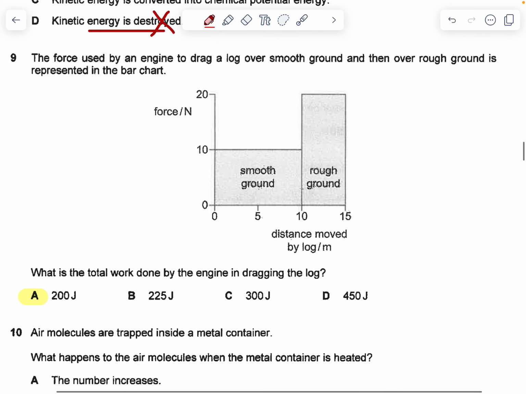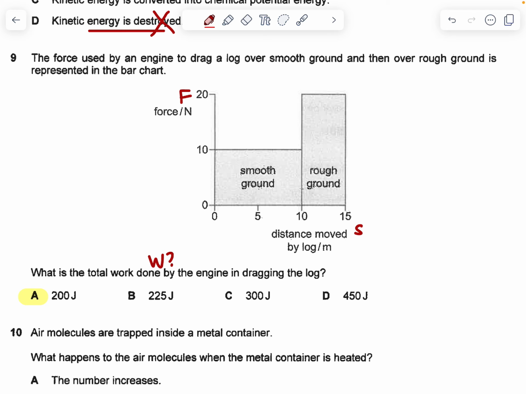Okay, next. Question 9. A force used by the engine to drag a log along a smooth ground and then over a rough ground is represented in a bar chart. What is the work done by the engine in dragging the log? So as we know, work done, W. You have force, you have distance moved, which is S, displacement.